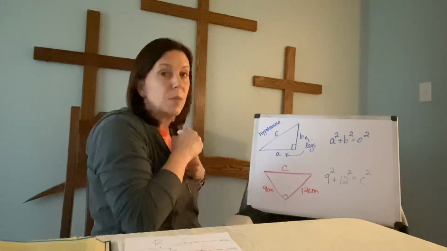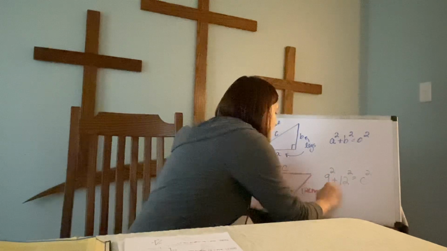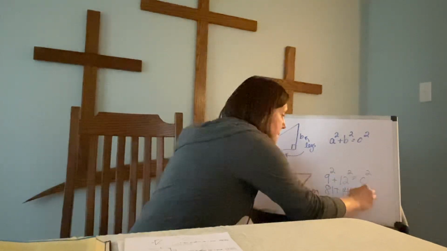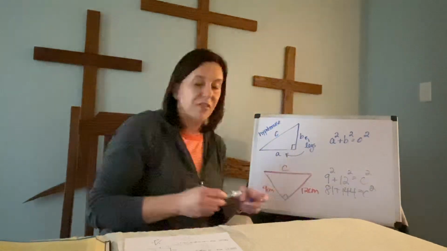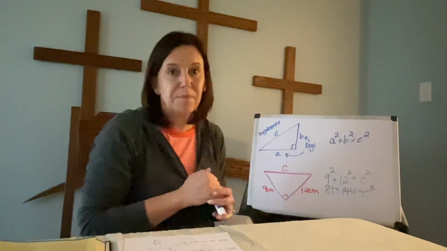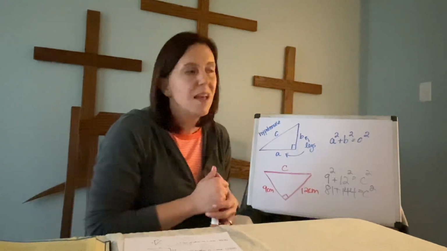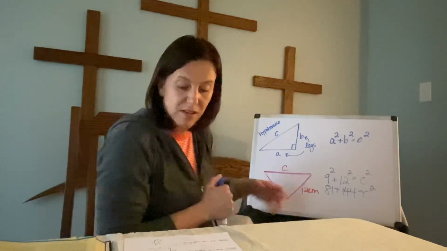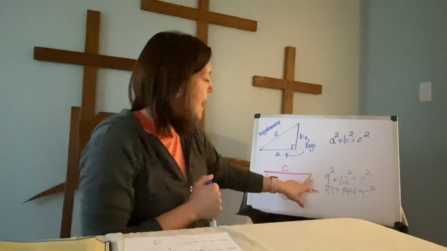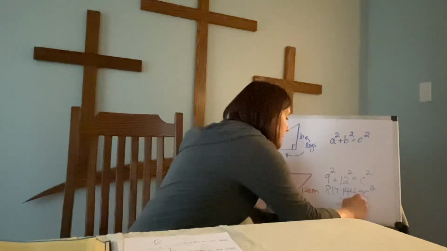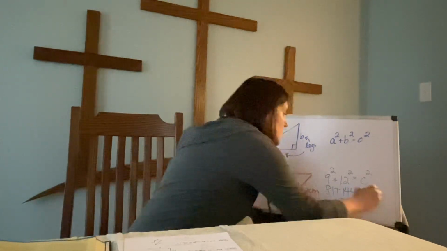Okay, so 9 squared is 81. 12 squared is 144. And you're going to find yourself getting a lot faster at some of our more common squares that we will be dealing with. And when I add those together, let's see, I have 81 plus 144 gives me 225. And that equals C squared.